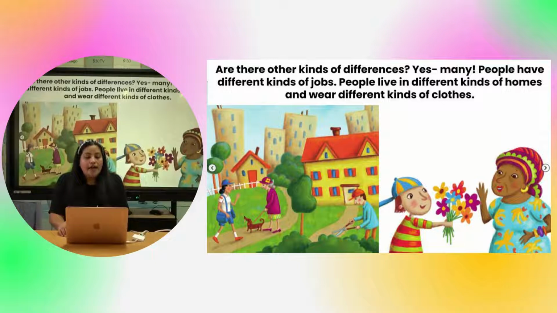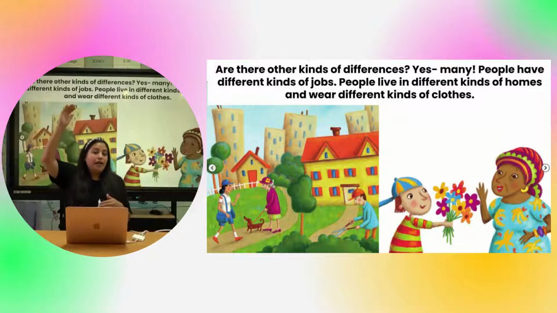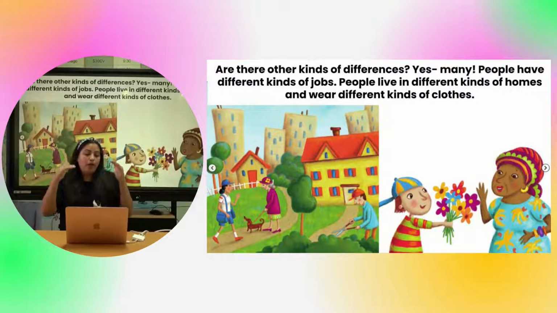Are there other kinds of differences? Yes, many. People have different kinds of jobs, people live in different kinds of homes, and wear different kinds of clothes. So in the picture, we see big apartments and smaller homes.